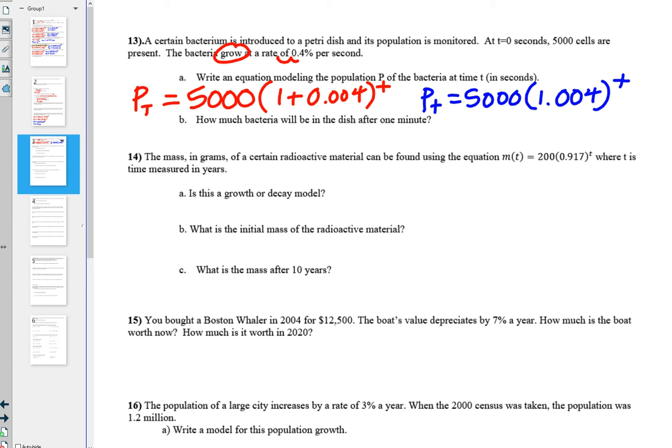Now, if you wanted to know how much bacteria there is after a minute, what would you put in for time? 60, yeah, because we're measuring time in seconds in the problem, and 1 minute is 60 seconds. So population after 60 is equal to 5,000 times 1.004 to the power of 60.